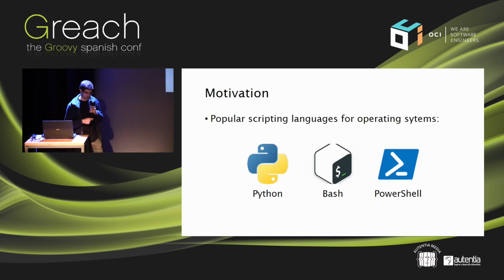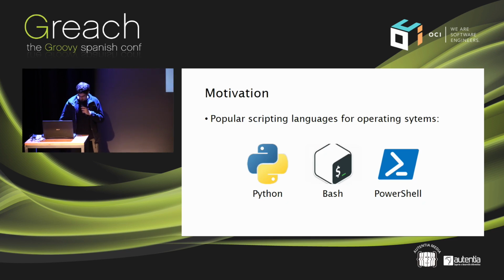There are other scripting languages for other kinds of shells, like probably you use the C shell or the SH shell, whatever. And also we have PowerShell for Windows-like operating systems. Bash is usually used in Unix-like operating systems.